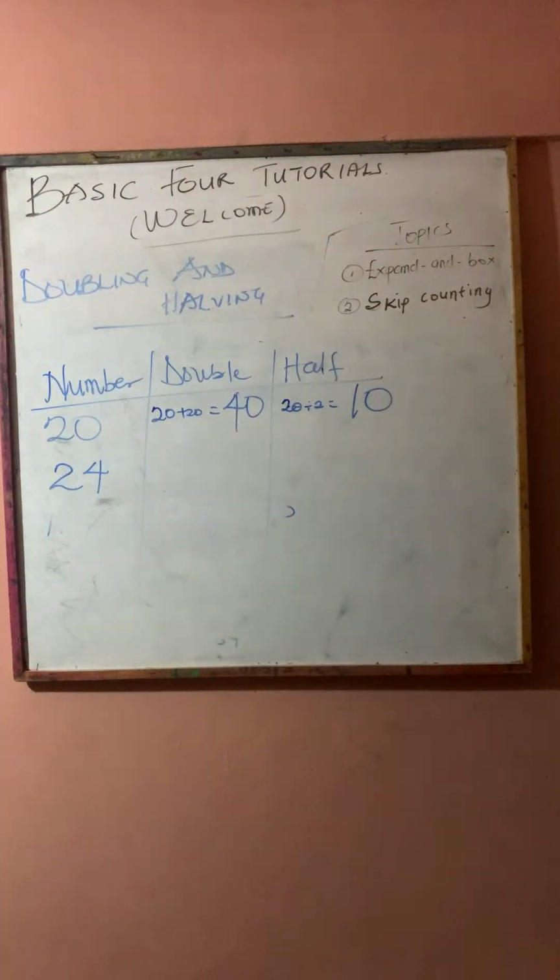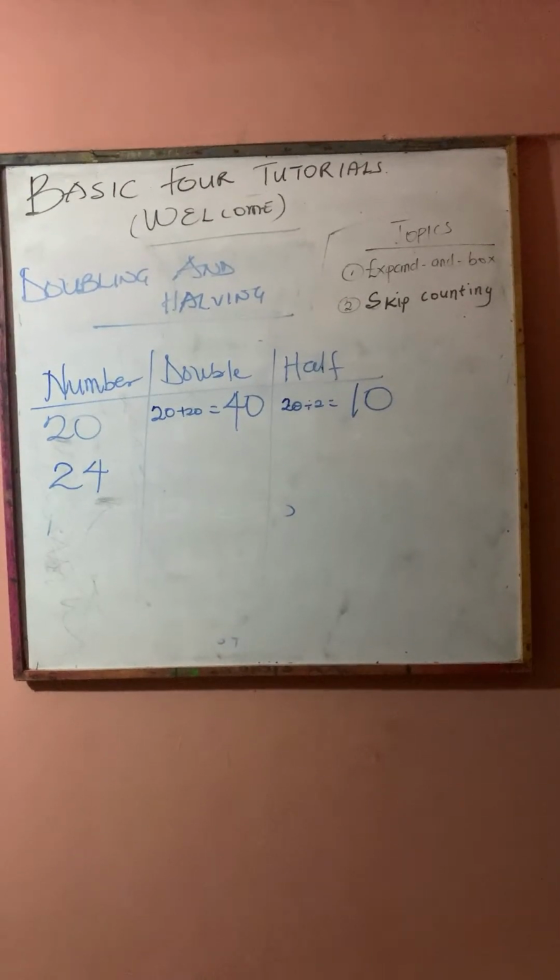Let's get another example. 24. Double of 24. Let's go.